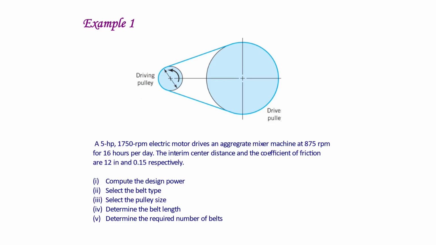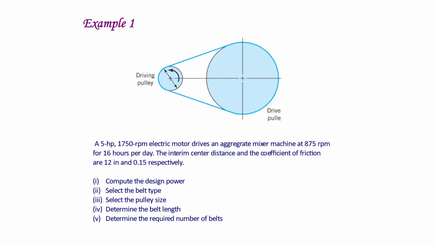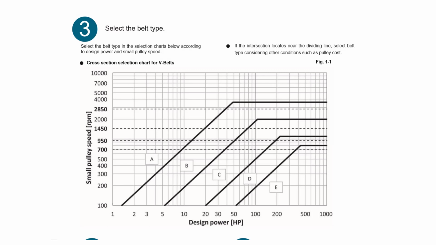Remember earlier I mentioned V-belts have 5 types of section, which are A, B, C, D, and E. By knowing our calculated design power HD, which is 6.5 horsepower, and the input RPM of the small pulley, in our case 1750 RPM, we can select the belt type from figure 1.1 on page 3 of your Mitsuboshi guide for V-belt selection.